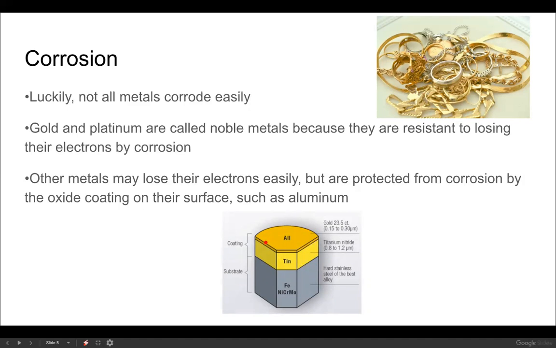So instead of having jewelry that's pure gold, which would be really soft and might damage easily, we dip our jewelry, which is usually tin, nickel, and iron, in a gold bath to cover it in a gilded form. Now, this actually helps to protect the underlying metals from oxidizing because they have a full coating of gold around them.